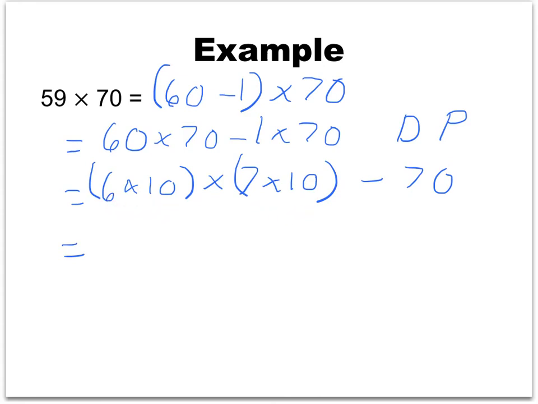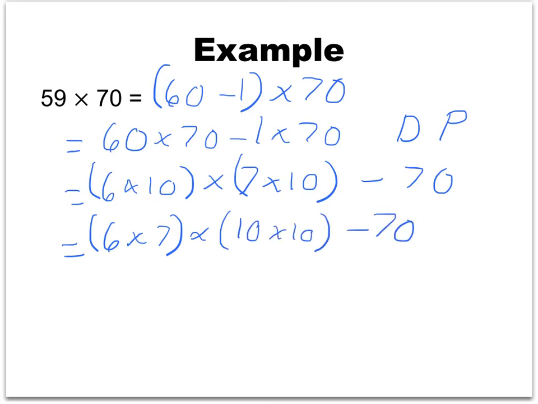So specifically, let's write this as 6 times 7, and then times 10 times 10 minus 70. And so when I rearranged terms and regrouped, we used the commutative and the associative properties. So I'll abbreviate these with C and A. So commutative and associative properties of multiplication.